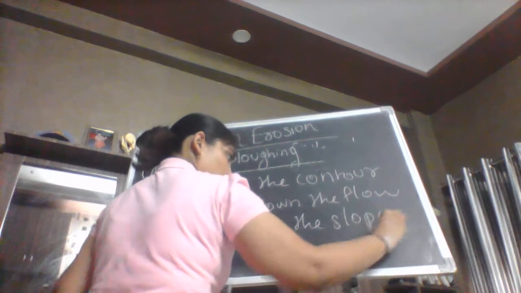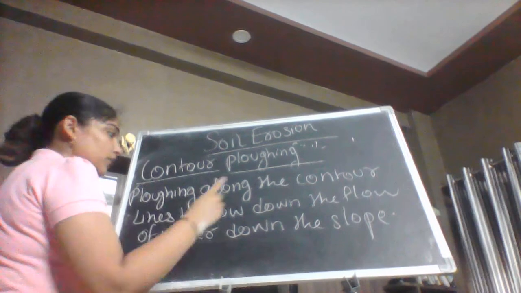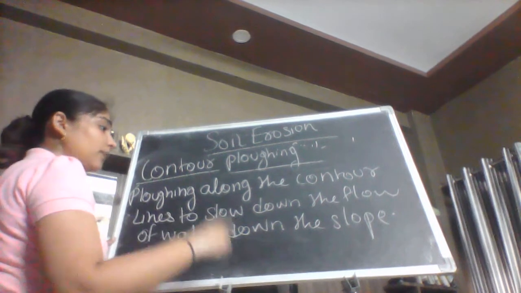So this is contour plowing. Plowing along the contour lines to slow down the flow of water down the slope.